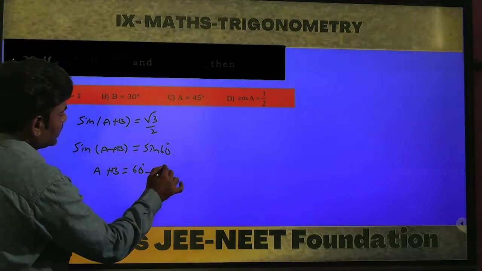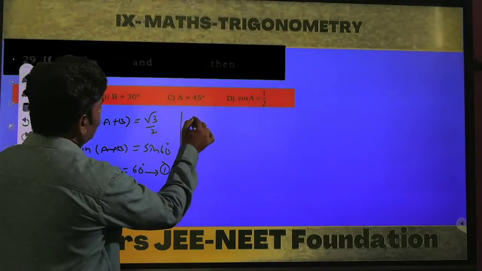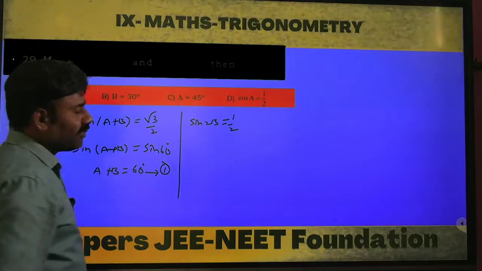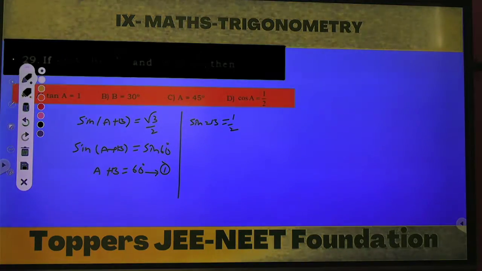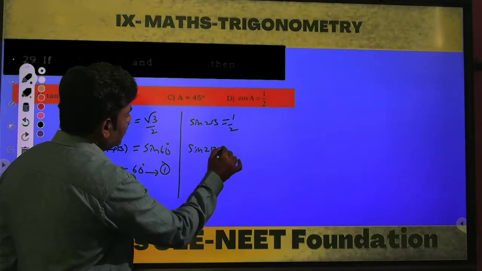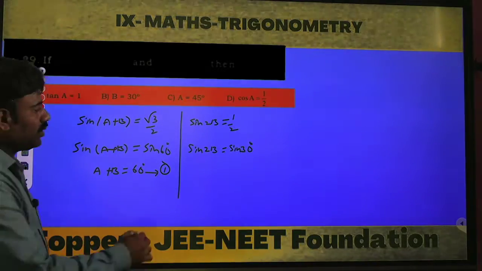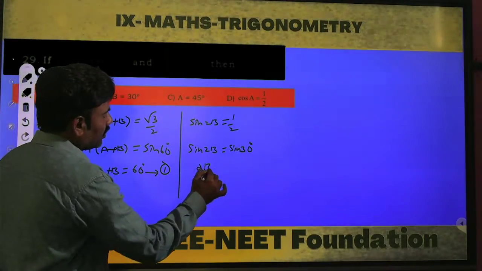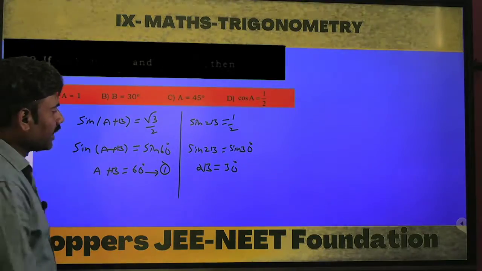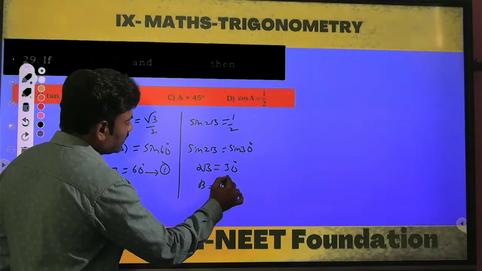Let us take this as the first equation. Next, sin 2B is equal to 1 by 2. In the sine table, 1 by 2 can be written as sin 30 degrees, so sin 2B is equal to sin 30 degrees. Then we get 2B is equal to 30 degrees. Then B is equal to 30 degrees by 2, means 15 degrees.